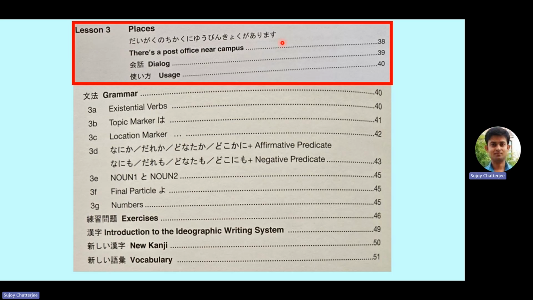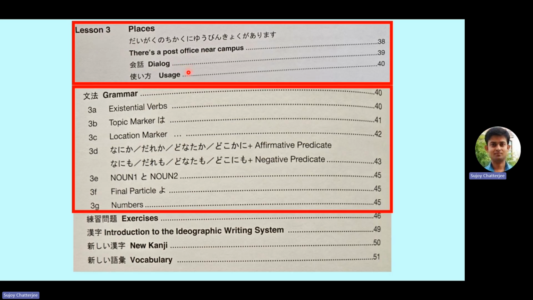So this is the main conversation based on which all the content of this chapter has been designed, and dialogue and usage has been presented here. Then the next part is the grammar part, in which existential verbs, the topic marker wa, location marker ni, and some other things have been discussed.